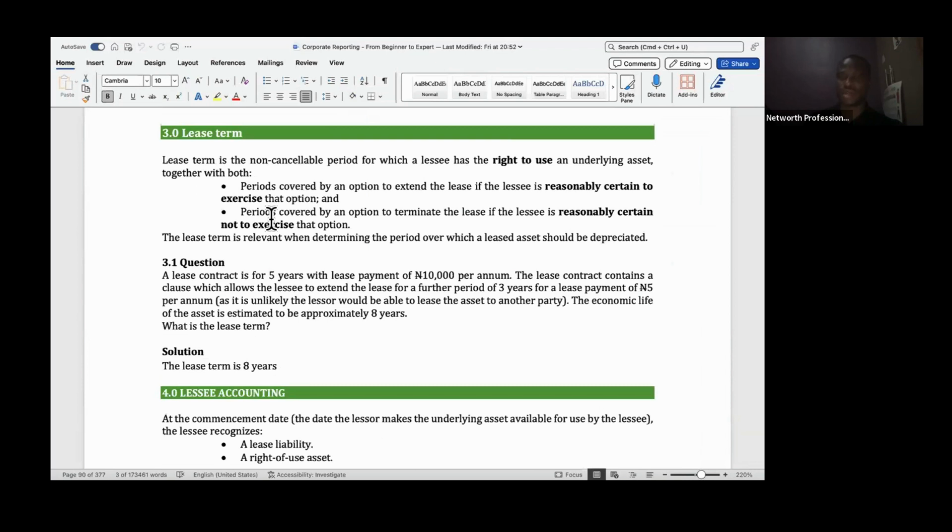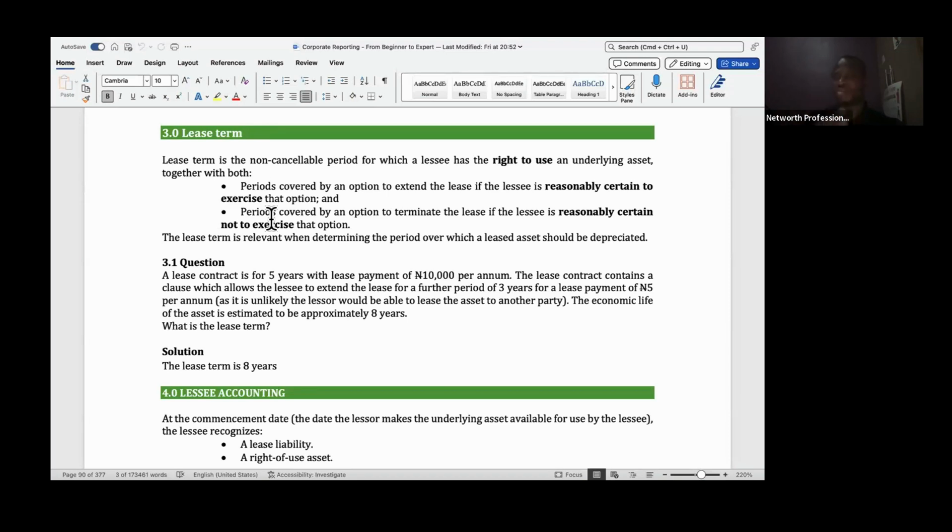Lease term, fundamentally, is just the period over which the lease contract covers, or the period over which the lessee has the right to use the asset. But this period can be extended. This extension would be considered in the lease term if it is favorable for the lessee to extend.